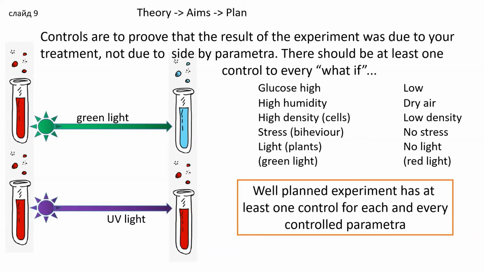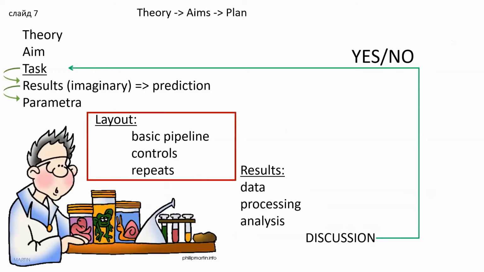If we go back, then in common, your experiment planning pipeline should be the theory, and then the aim, and then the task, and then the results from your imaginary experiment. So you have a kind of prediction, and then from this prediction you have to gain the parameter you're interested in, and based on this parameter and your prediction, only then you can go to the layout.